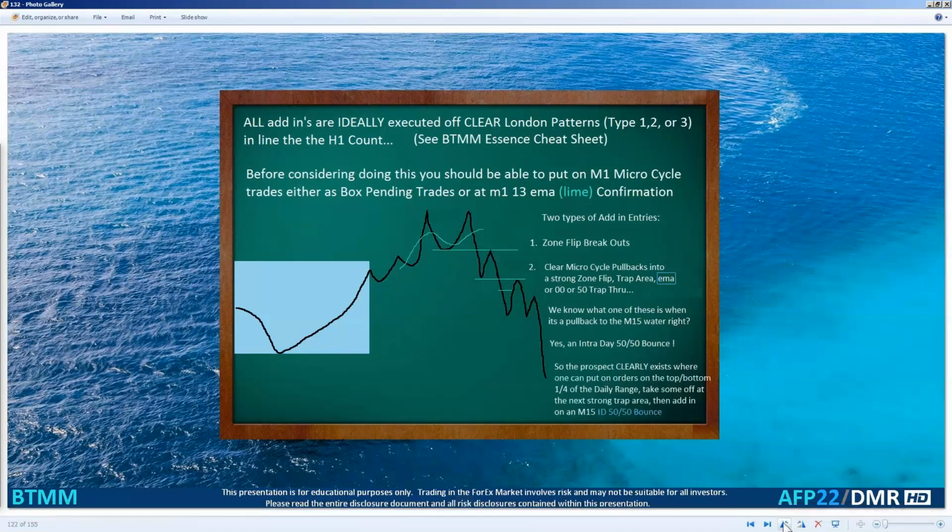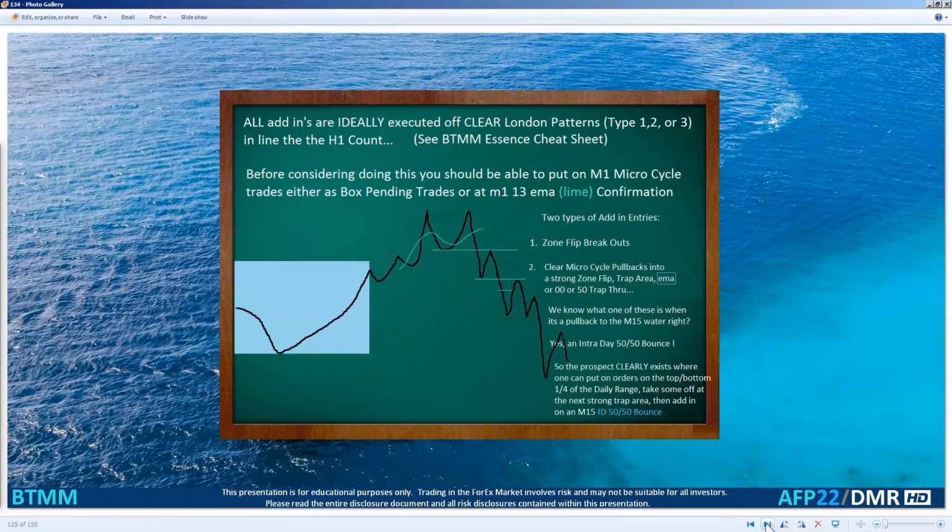So the prospect clearly exists where one can put on orders at the top or bottom quarter of the daily range, take some off at the next strong trap area, and then hold these and then add in at that intraday 50-50 bounce to have even a more massive take at the end of the day. It involves a little more planning, a whole lot more experience, and certainly a lot more homework. So I'd say you want to evolve to that, but a lot of you are already trading these 50-50 bounces, so I'll leave it to you to use your discernment on this, all right?